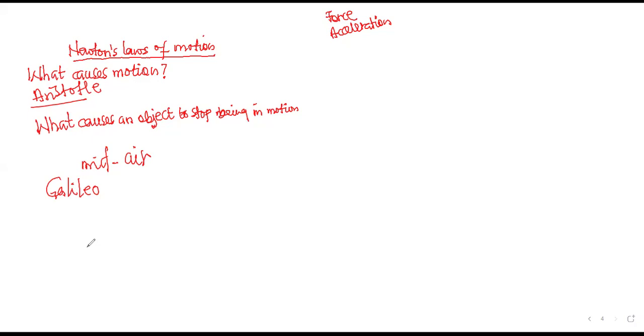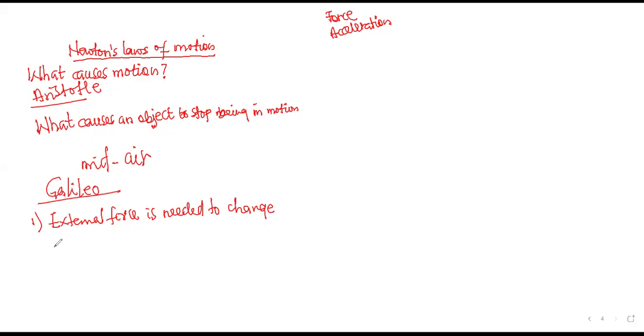But as the body is in motion, an external force will be needed again to change the speed of the body. So from Galileo's experiments, Galileo came to the conclusion that yes, external force is needed to change the speed, one.